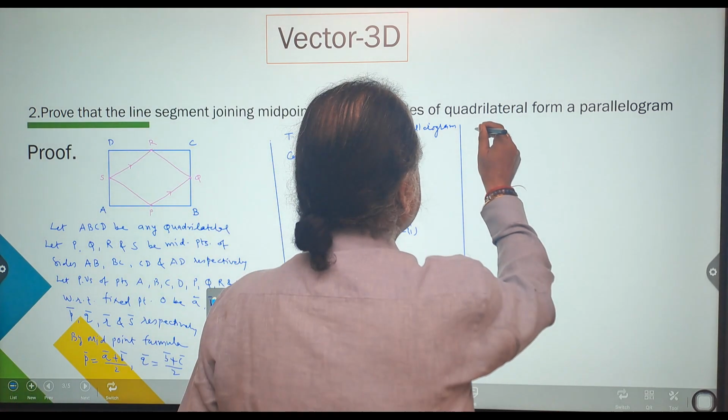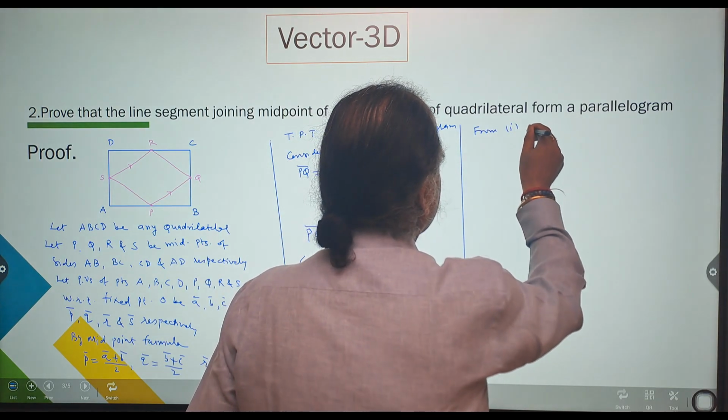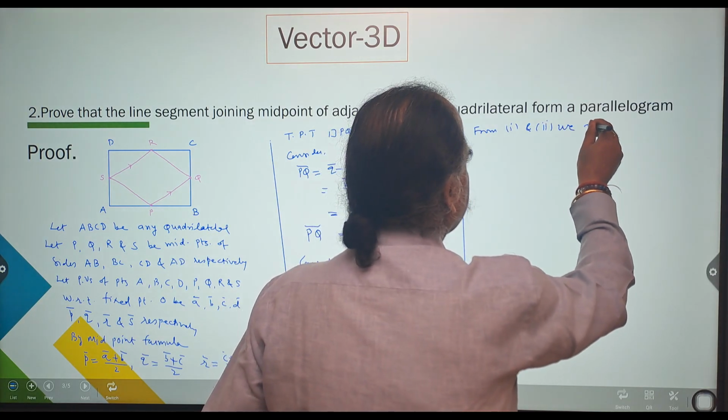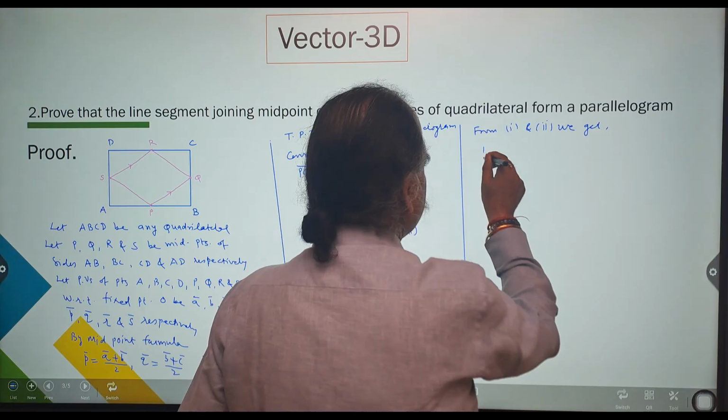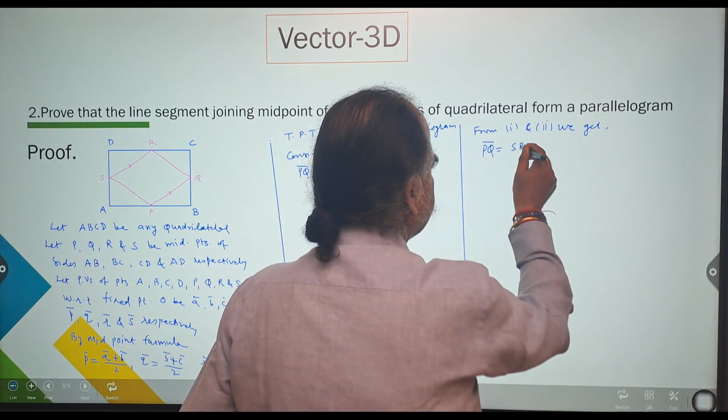From 1 and 2 we get PQ bar is equal to SR bar.